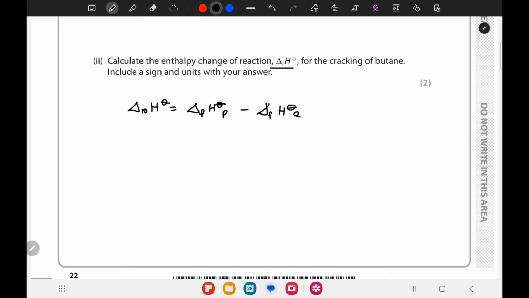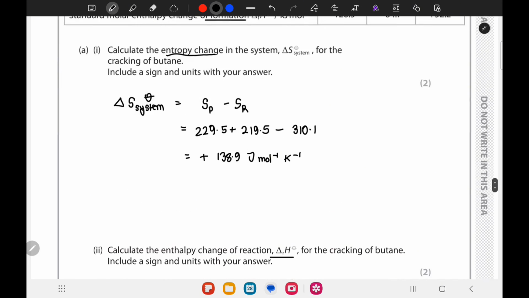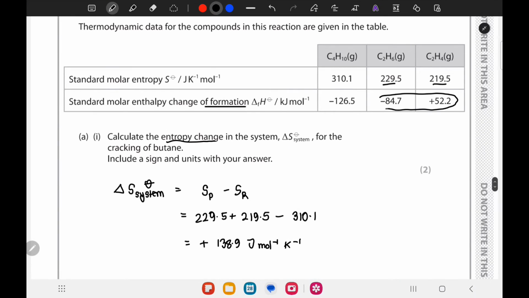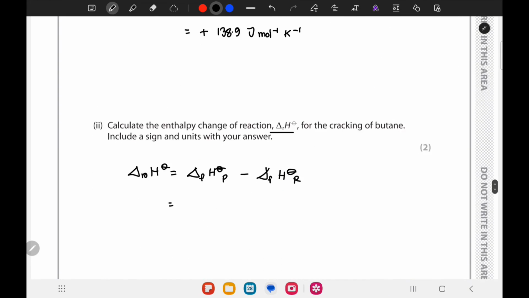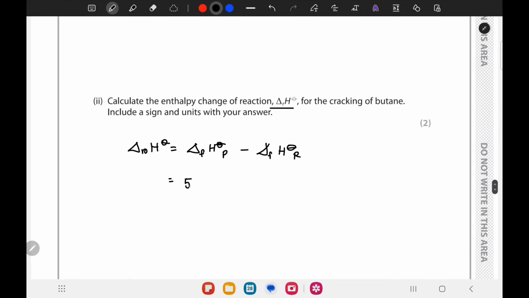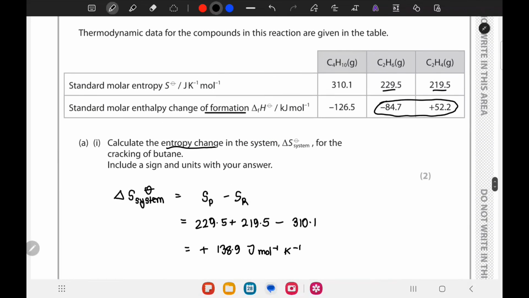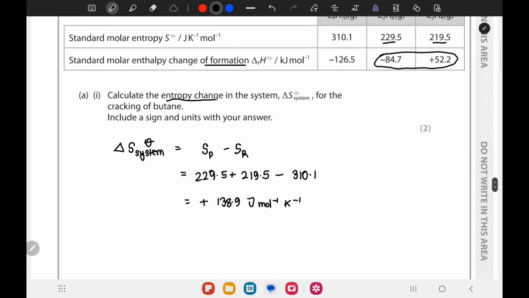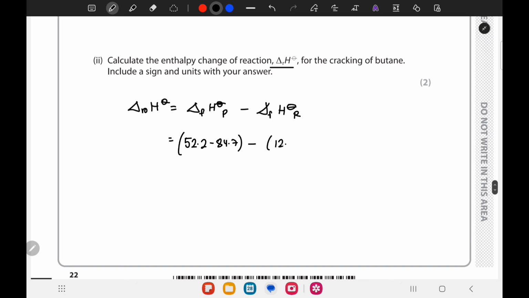So the R is for reactants, the P is for products. If I do this, the formation enthalpy of the product is the sum of both of them. So 52.2 minus 84.7. This is the formation enthalpy of the products minus the formation enthalpy of the reactants, which is minus 126.5.